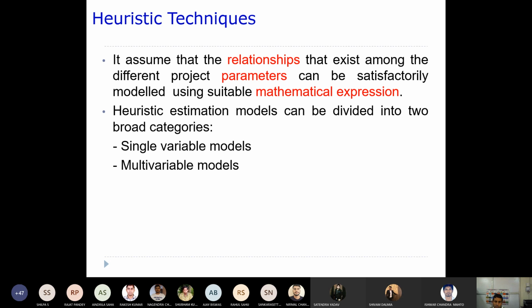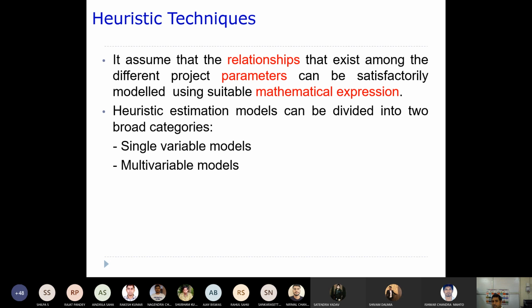That is the multivariable models. So here the variables are the independent parameter estimates. Some parameters are independently estimated.